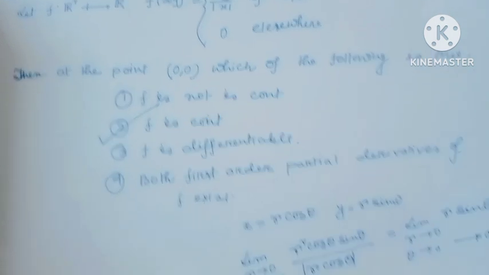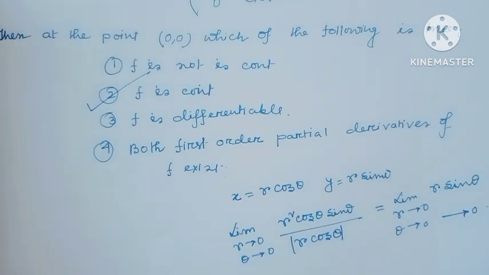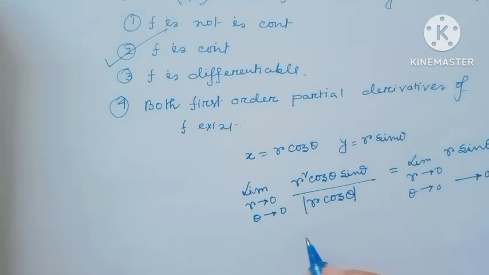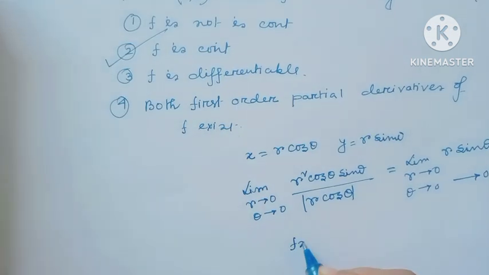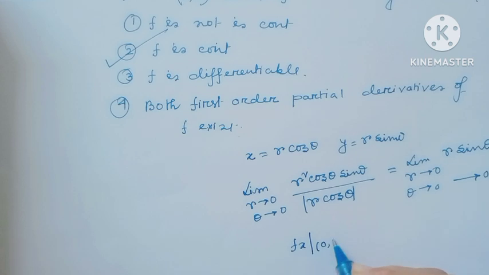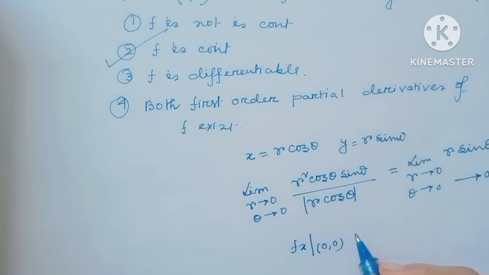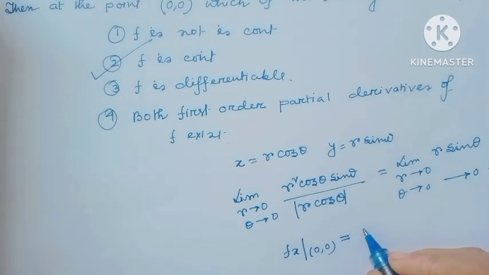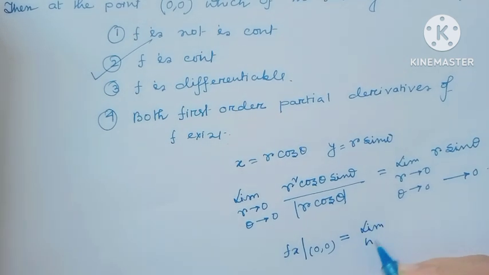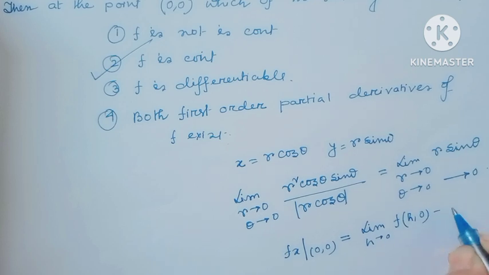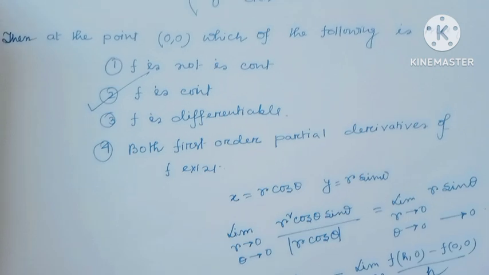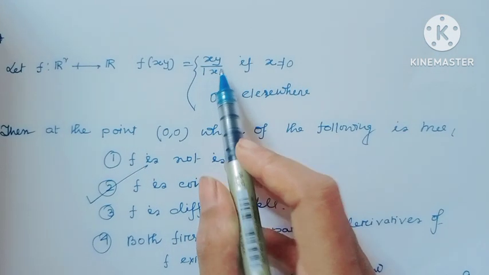Is f differentiable? First, check whether both partial derivatives of f exist. For this, fx at the point (0, 0) is the limit as h goes to 0 of f(h, 0) minus f(0, 0) divided by h, and f(h, 0) would be 0.